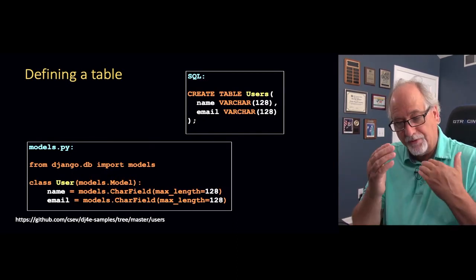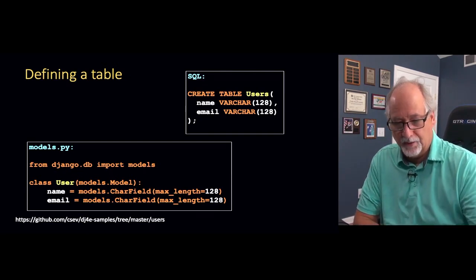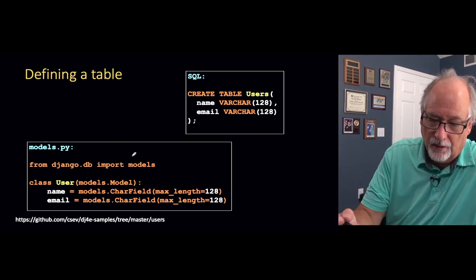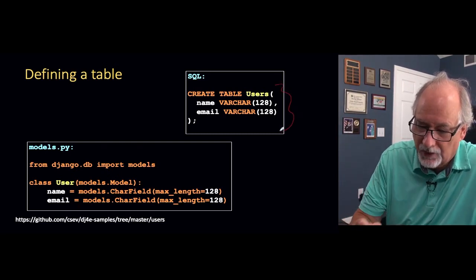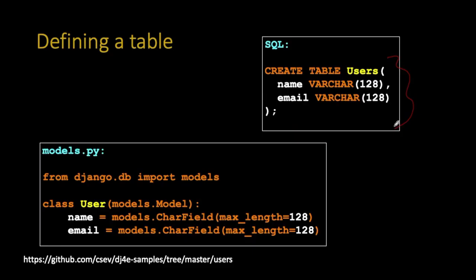So if we look at the way we communicate to the database, or the way we define the database, in SQL we create a table, and that right there is portable, but once you start adding auto increment columns and things like that, it stops being portable. But in Django, the way we do this is we have a file called models.py, and it's in the application folder. And then we are going to use object orientation.